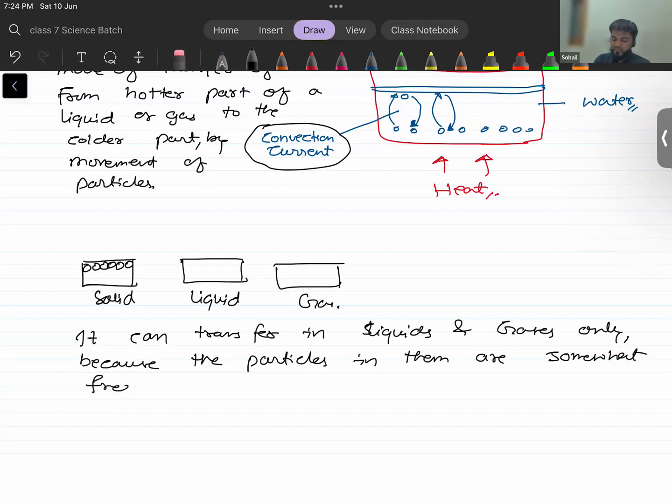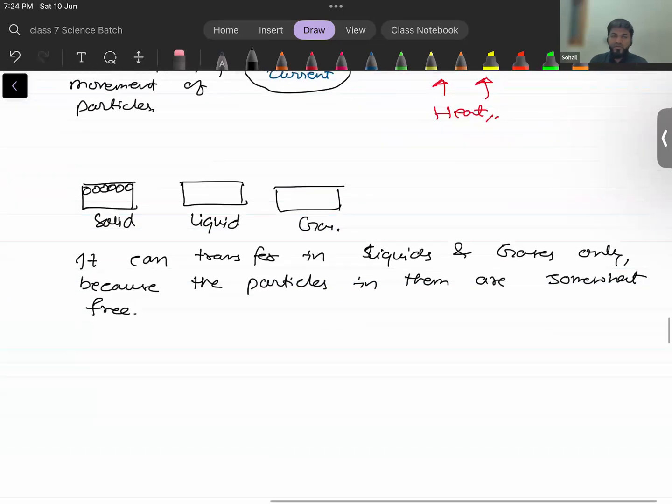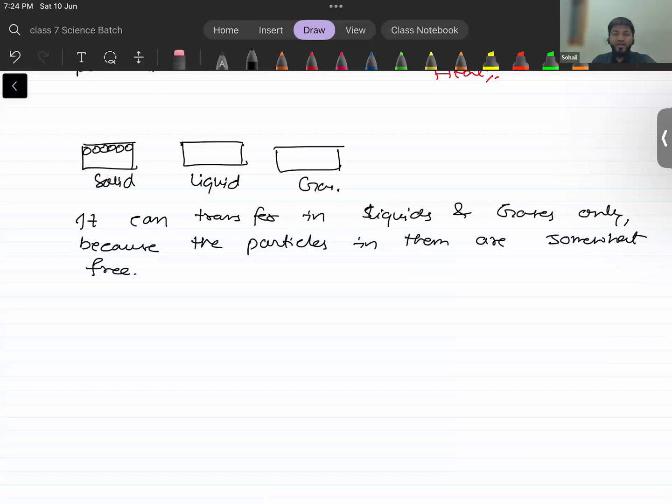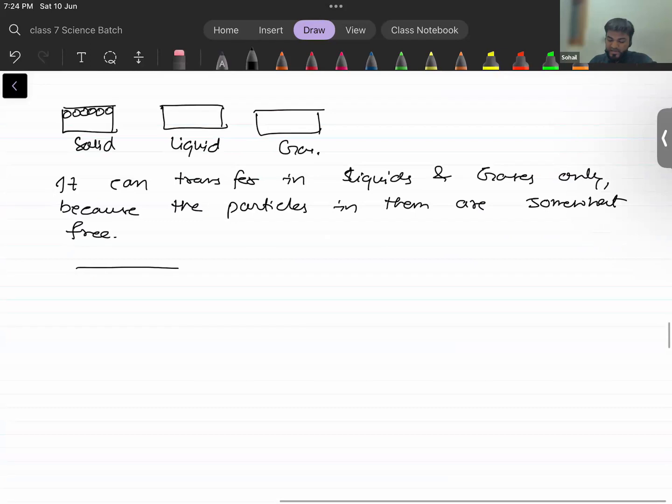Look, convection requires a medium to travel, and a medium is something that consists of particles. Since in a vacuum there are no particles, neither particles of air, gas, or solid, heat cannot transfer by convection.